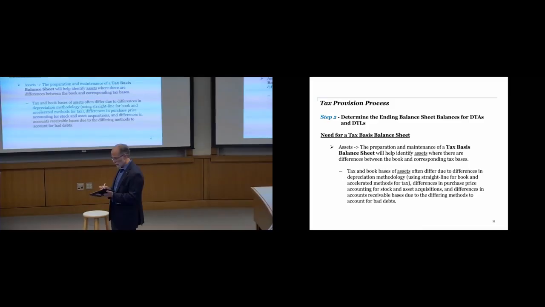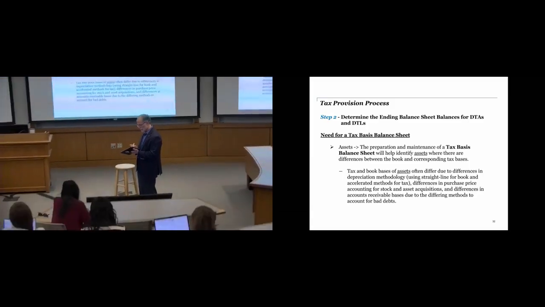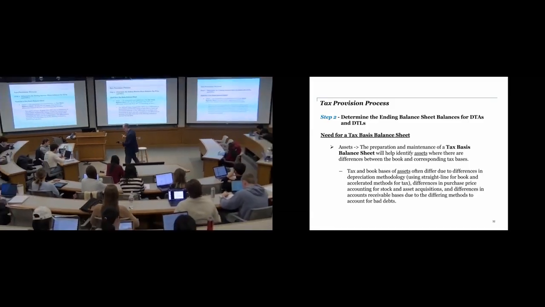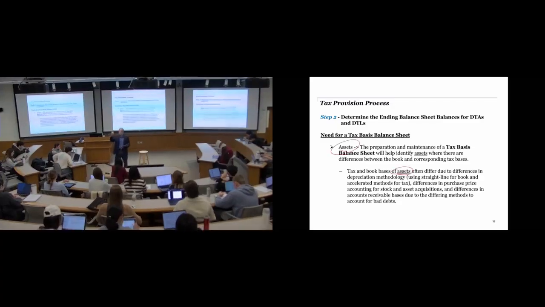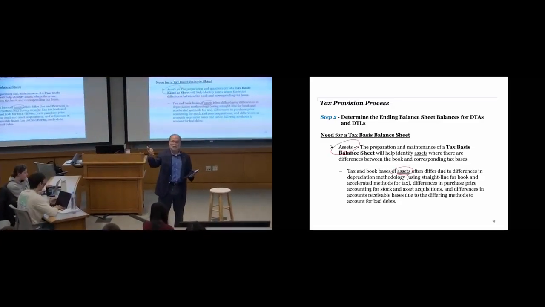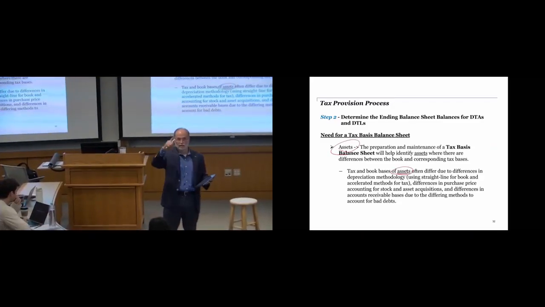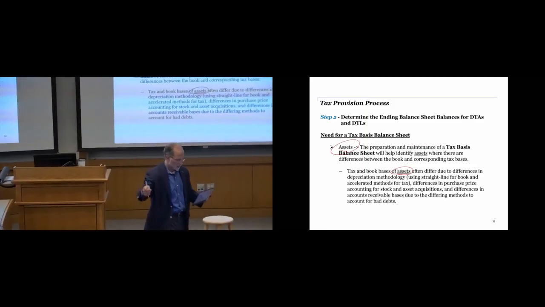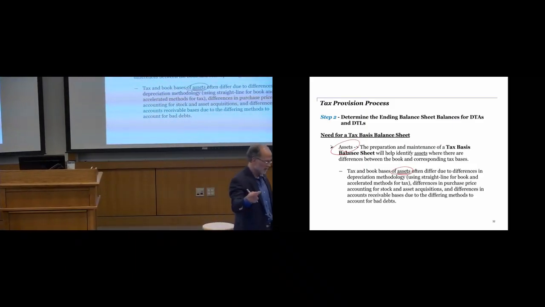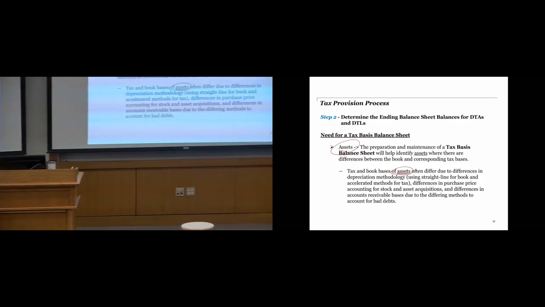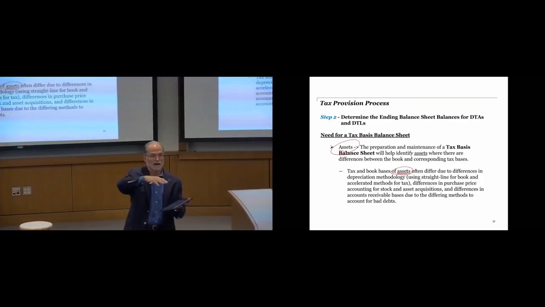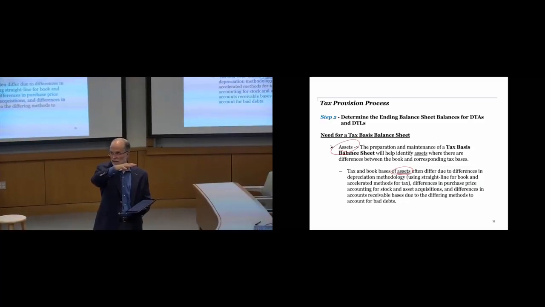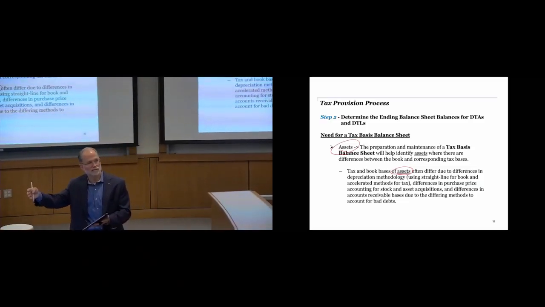And so tax basis of assets, so I'm talking about assets on the balance sheet here, often differ due to differences in depreciation methodology, where we may be doing straight line for book, accelerated for tax, or differences in purchase price accounting. Remember we talked about if I buy stock, accounting is stepping up the assets anyway. I don't step up the basis of stock.